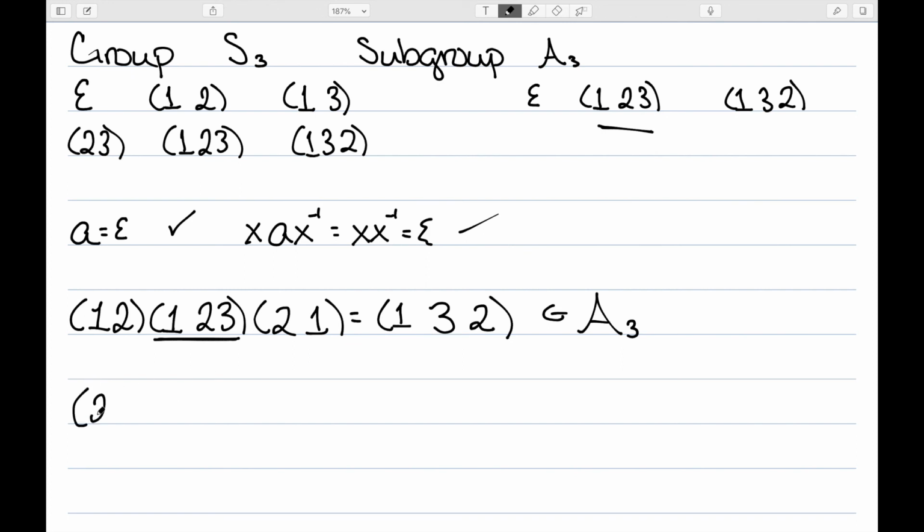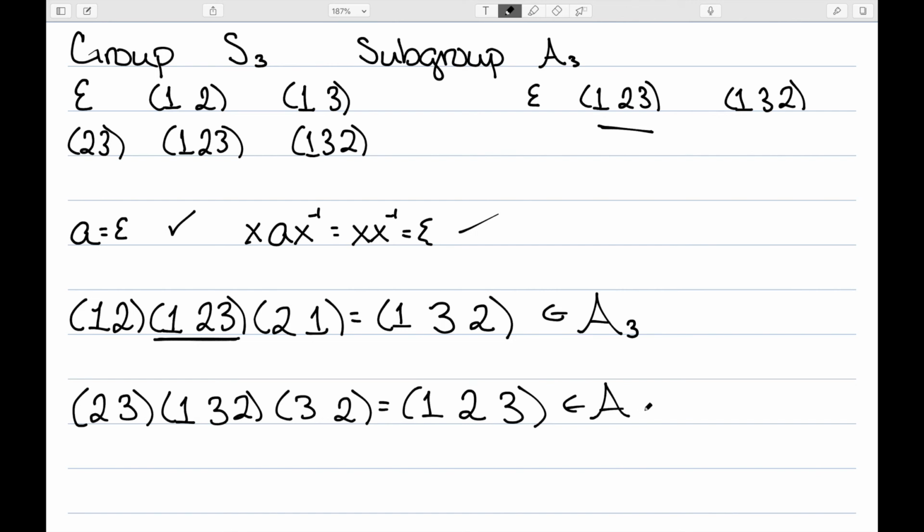If I were to do (2 3), times, this time let's do (1 3 2), times the inverse, which would be (3 2). We have that 1 maps to 3 and 3 maps to 2. 2 maps to 3, 3 maps to 2, and 2 maps to 3. 3 maps to 2, 2 maps to 1. And we can see that this is still in A3. And you could check all of these possible products.